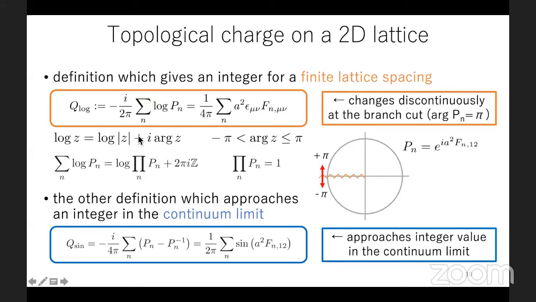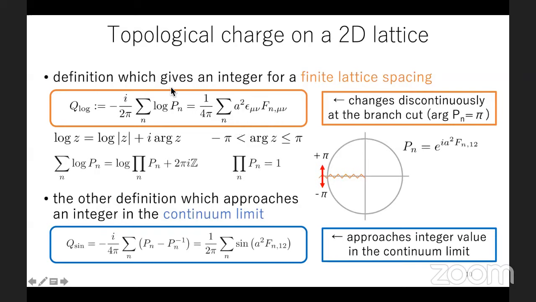But here, this logarithmic function is a complex logarithmic function, so it has a branch cut. So the property of this definition is that it is given exactly an integer value, and it changes discontinuously if the phase of the plaquette goes across the branch cut.